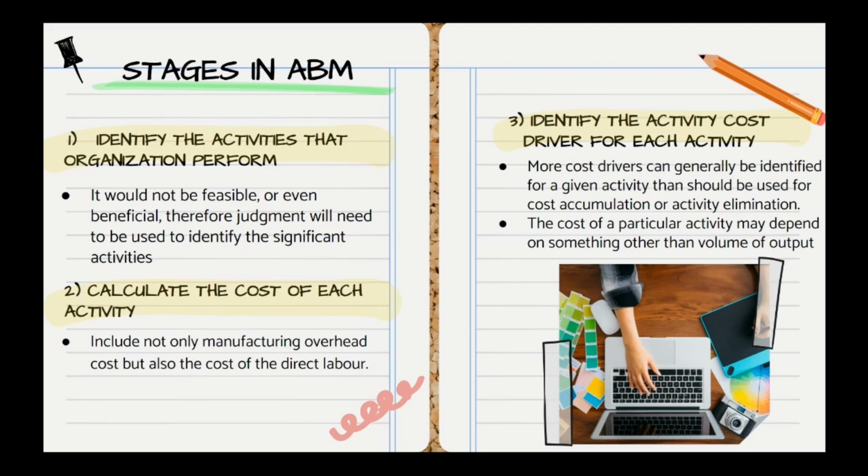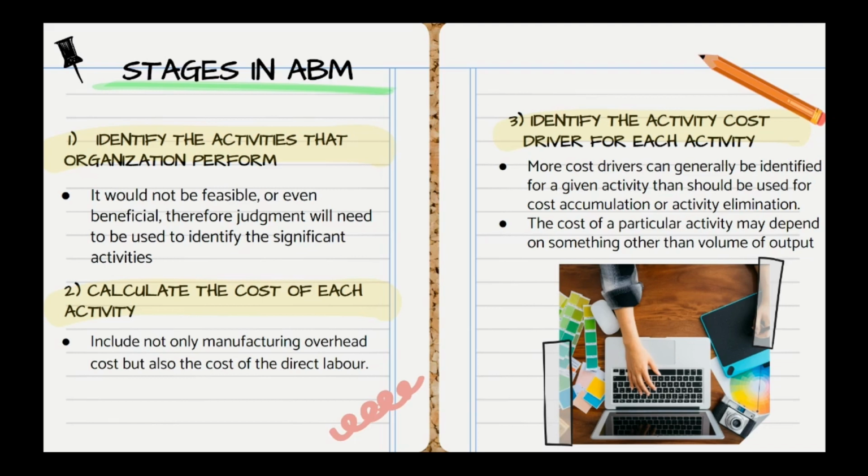As we know, the cost driver is the factor that causes the cost of an activity to vary. In traditional costing, it was always assumed that the cost driver was the volume of production, measured either in the number of units or a proxy, such as the number of labor hours or machine hours. However, in ABM, it is recognized that the cost of a particular activity may depend on something other than volume of output.